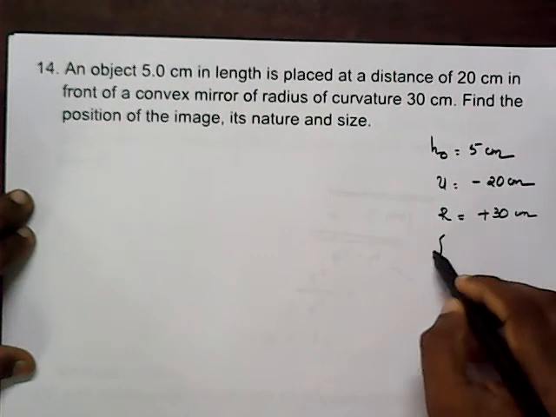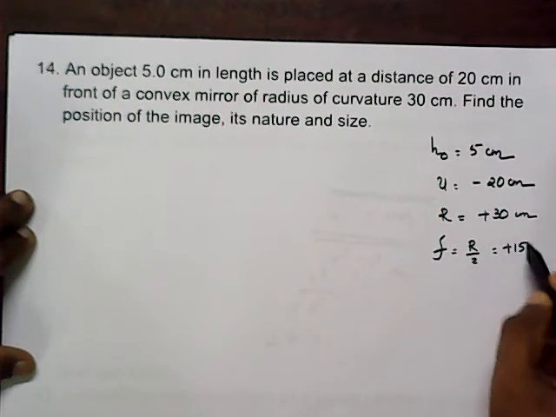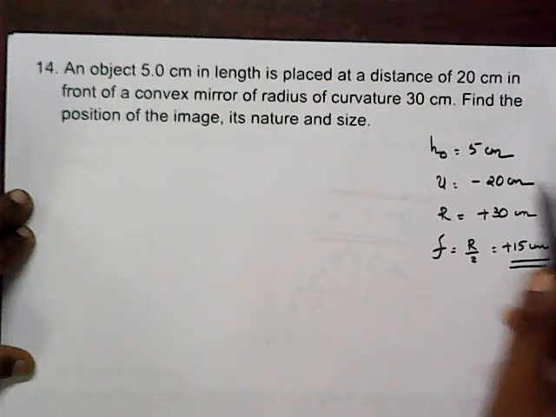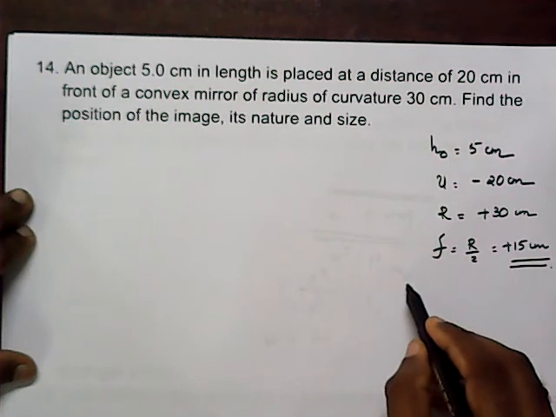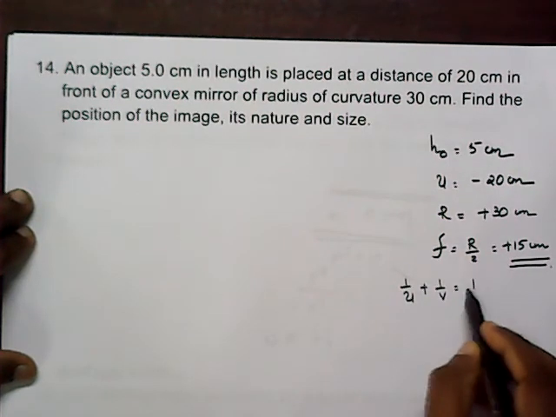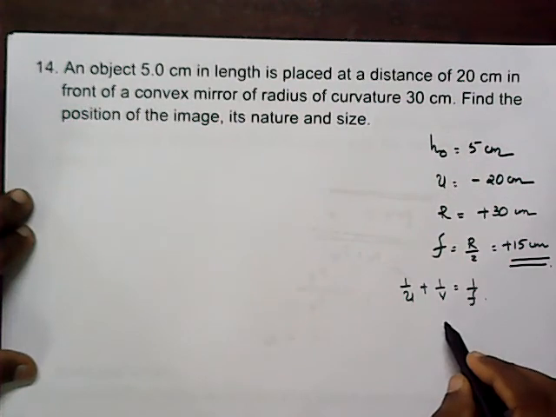So take the focal length as r by 2, which is plus 15 centimeter. Find the position of the image, its nature and size. Again, we can use the relation 1 by u plus 1 by v is equal to 1 by f, and we need to find the value of v.